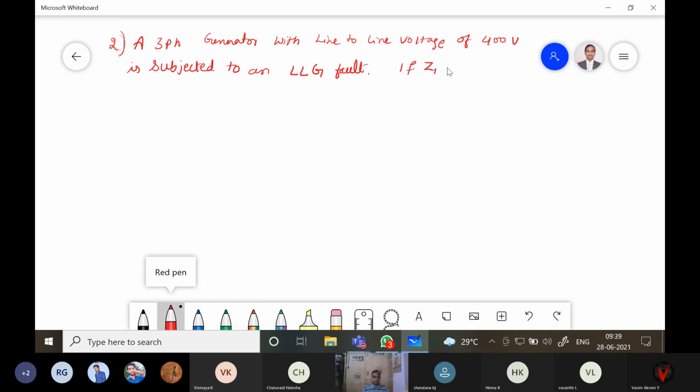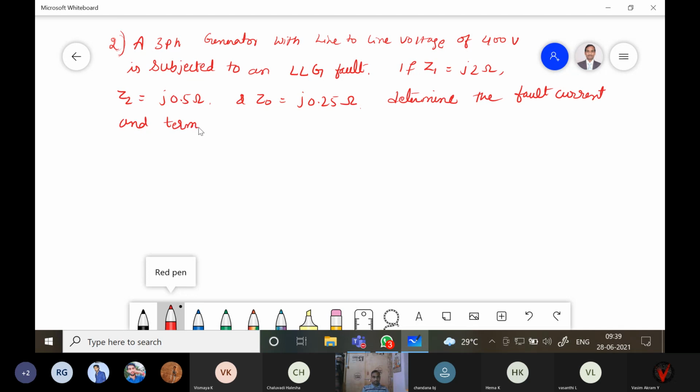If Z1 is equal to J2 ohm, Z2 is equal to J0.5 ohm, and Z0 is equal to J0.25 ohm, determine the fault current and terminal voltages.